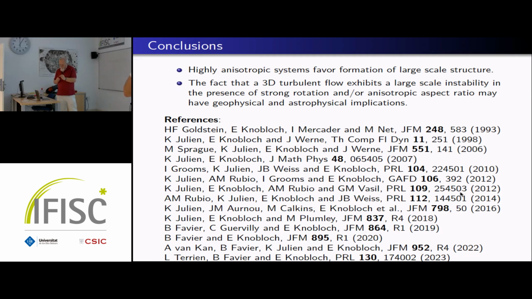A highly anisotropic system means that the turbulent state is far from fully three-dimensional isotropic turbulence. One way to do that is by, for example, introducing rotation, where rotation favors small scales in the horizontal but doesn't do anything to vertical scales. So the scales are anisotropic. Or in the case where you have a thin layer, as you vary the depth, that is another way of making the system anisotropic, because you're not allowing all the scales in the vertical.